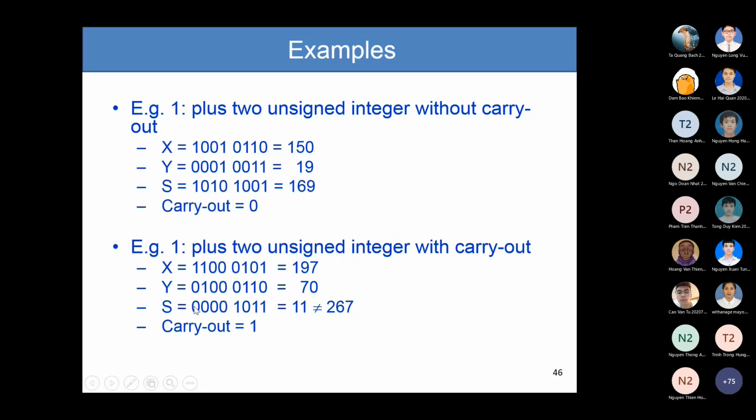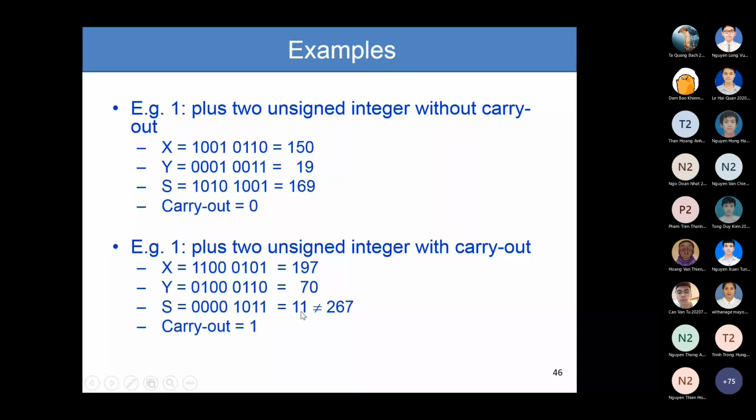Because the first bit of that is 0, so this is a positive number, and s equal to 11, right? Because this number 1 is at index 0, this number 1 at index 2, and this number 1 at index 3. So s equal to 8 plus 2 plus 1 equal to 11.